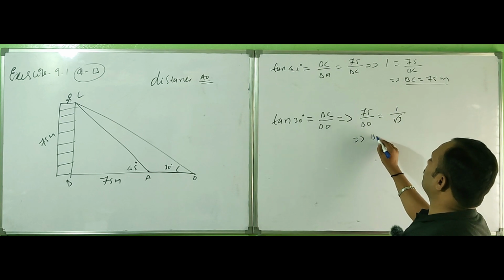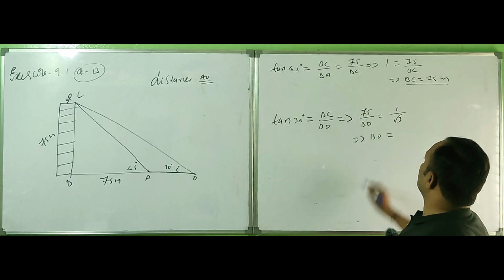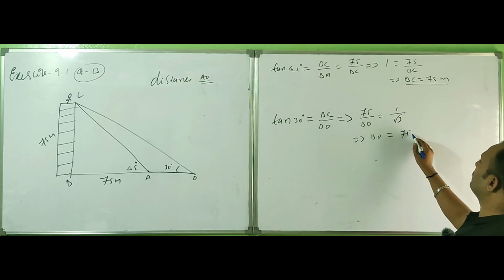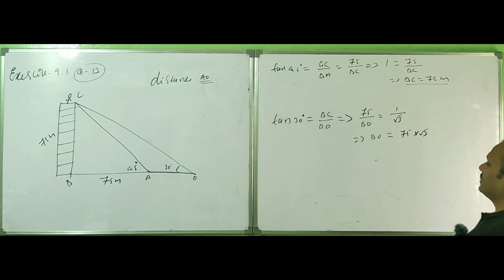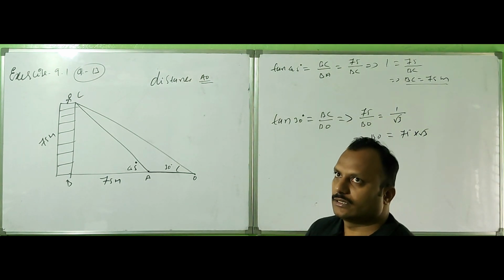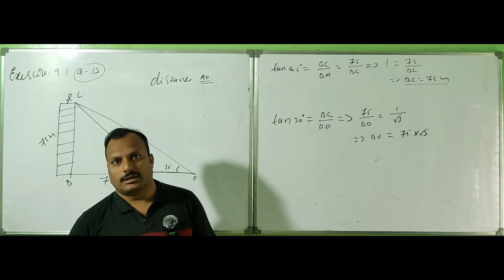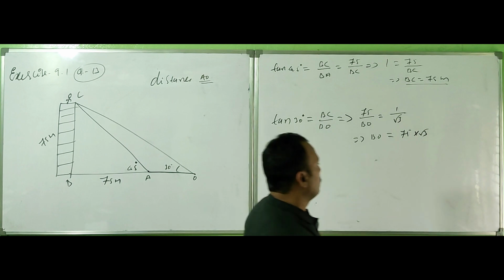This implies BO is equal to 75 into root 3. Tan 30 is 1 by root 3, right?